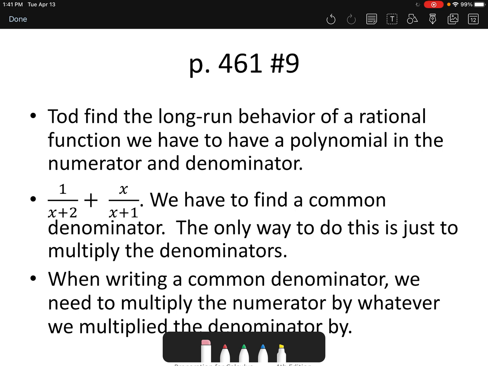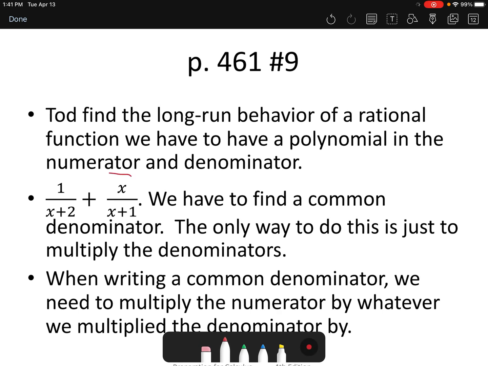Number 9 is 1/(x + 2) + x/(x + 1). We're supposed to determine the long-run behavior. We can't do it, not until we make this a rational function. It's not yet. We need to have a common denominator.